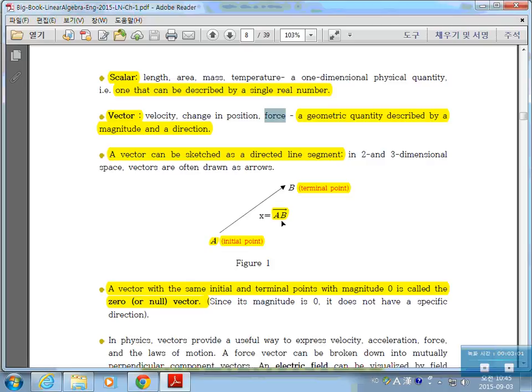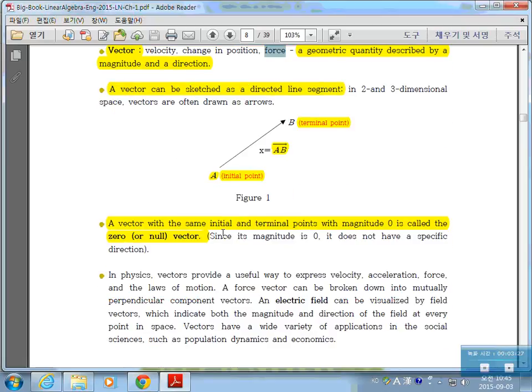A vector from an initial point A to a terminal point B can be written as an arrow like this, and can be written as a bold letter x, with the initial point and terminal point marked with an arrow up there.